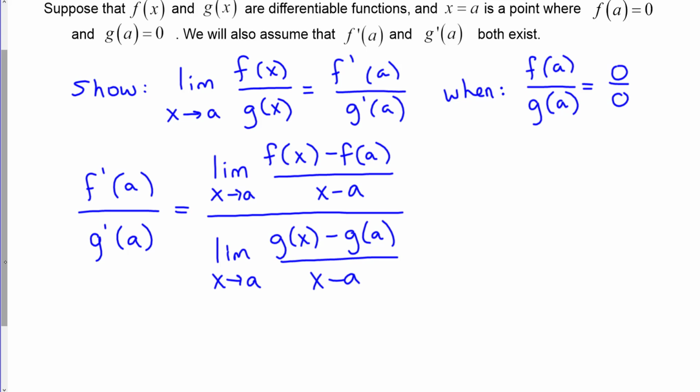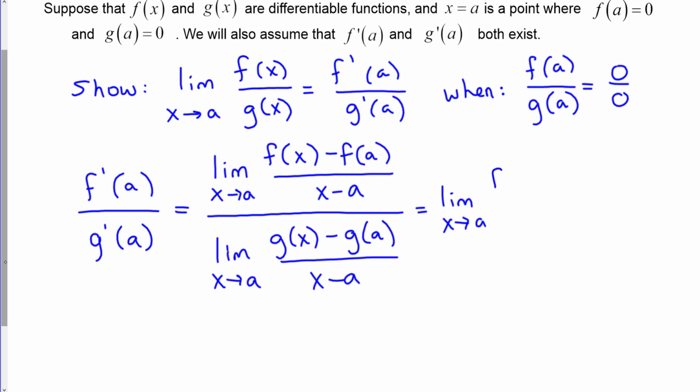Okay. Now, these limits exist. We made a supposition in the very beginning that these limits exist. And because these limits exist, we can actually change them into a single limit. We can make this the limit as x approaches a of this whole thing divided. But instead of writing this whole thing divided, I'm going to write it out as multiplied.